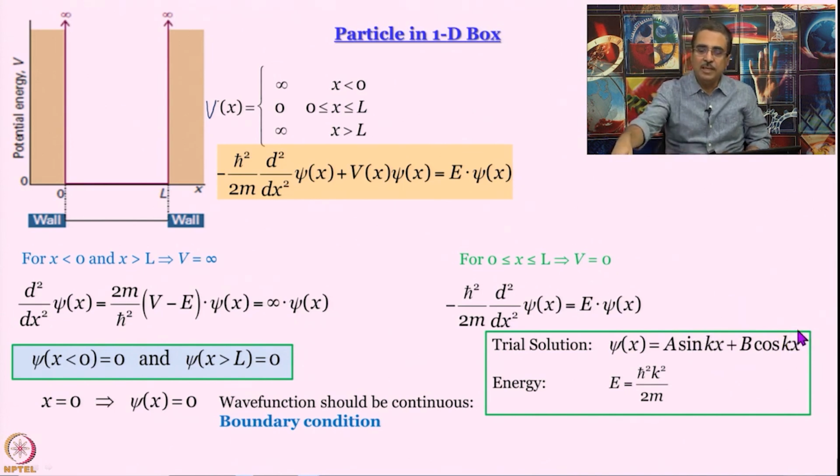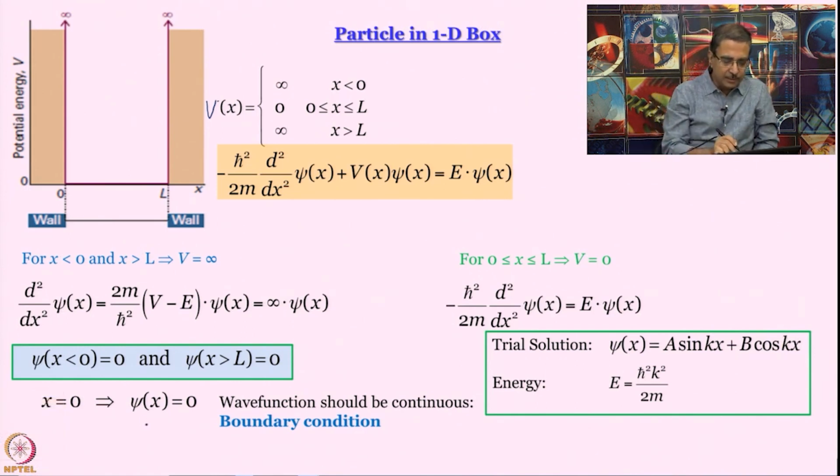So we actually obtain the expression for psi of 0, that turns out to be b. So what we get then is b is equal to 0.